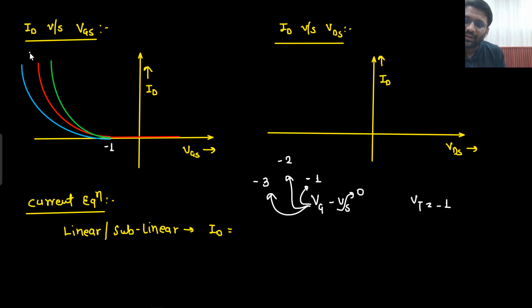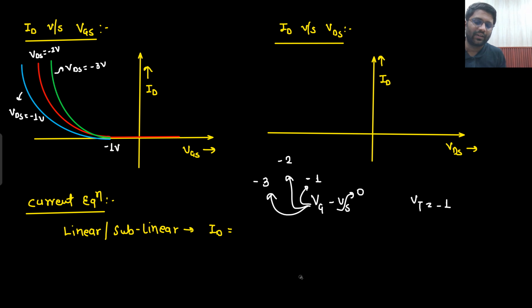Just let me know if here VDS was minus 2 volt. So here your VDS would have been minus 3 volt. Because drain voltage is more negative. Drain voltage is more negative. That means more electric field is there. That means more current would be there. So in this case, we are getting more current, and this would have been your VDS equals minus 1. So with respect to negative, we are drawing the graph.